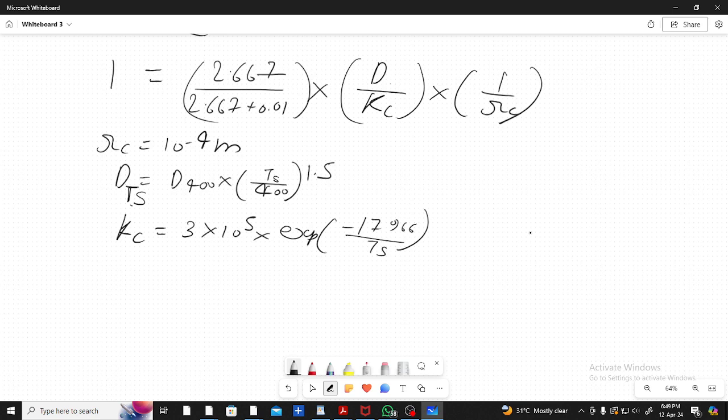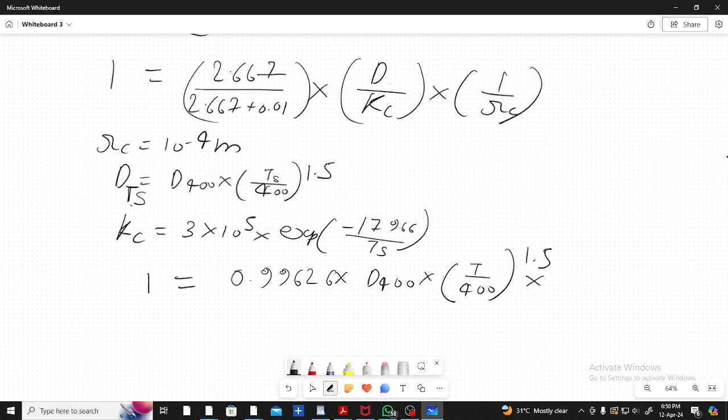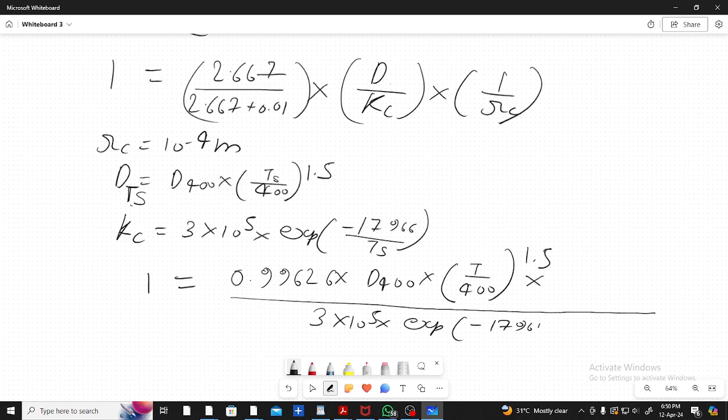So 1 is equal to 2.667 upon 2.667 plus 0.99626 into D400 into Ts upon 400 to the power 1.5, into 1 upon Kc, so 1 upon 3 into 10 to the power 5 into exponent minus 7966 upon Ts, into Rc.